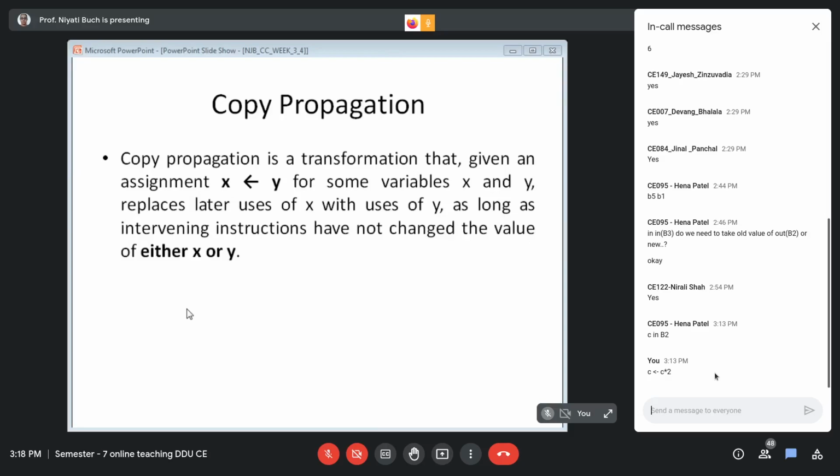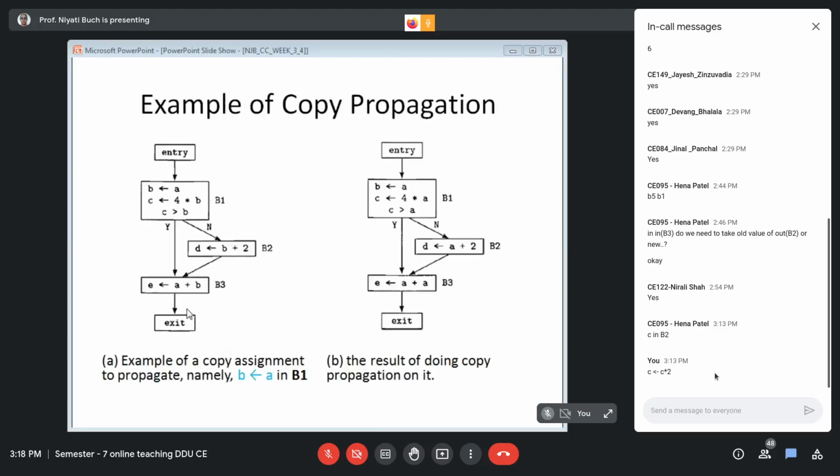Our human brain can think about optimization techniques given some code, but we have to teach the computer to do that for us. That is why we need predefined steps, and that is what we are going to learn.